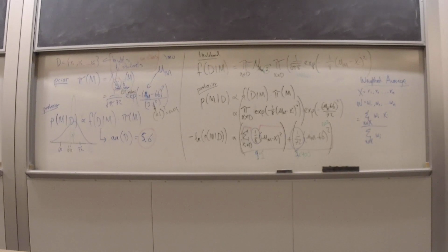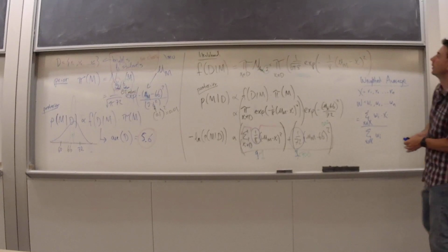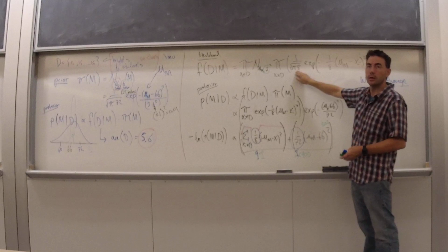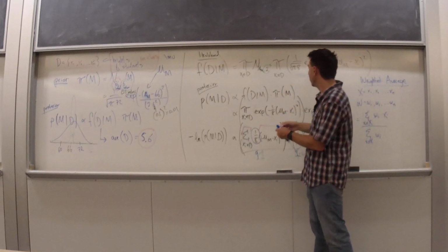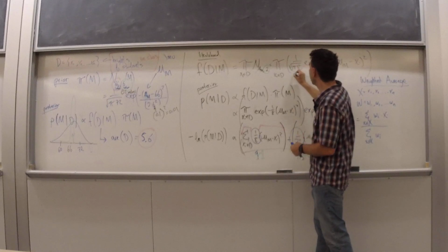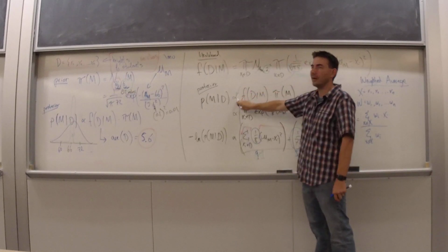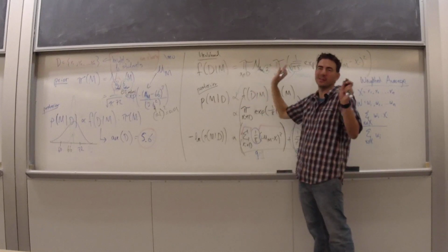So in the top part, where it says likelihood, there's the 1 over the square root of pi times 8. Where did that go, and then the other term for the prior? This guy went into here. It's a constant factor. I can ignore it.